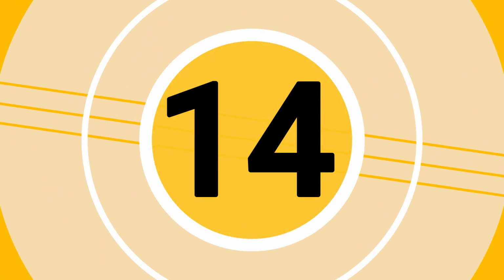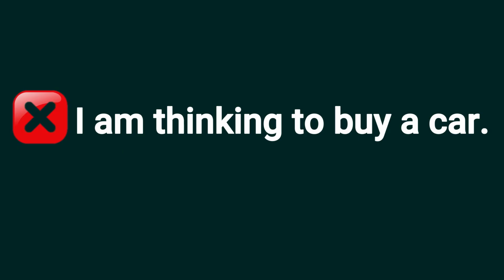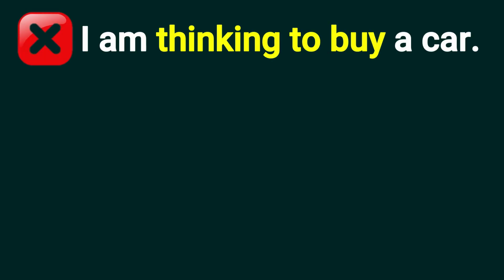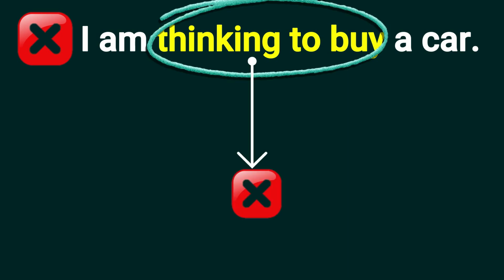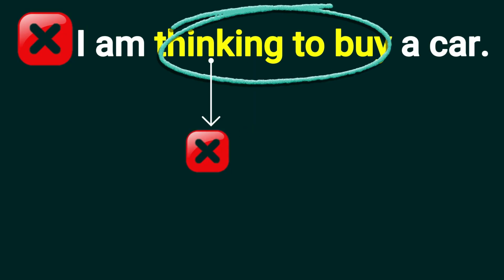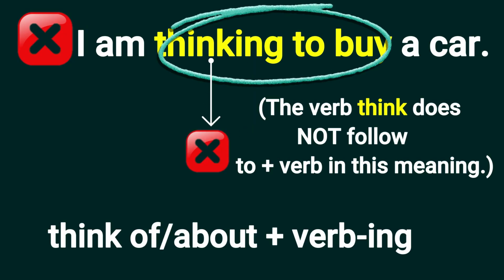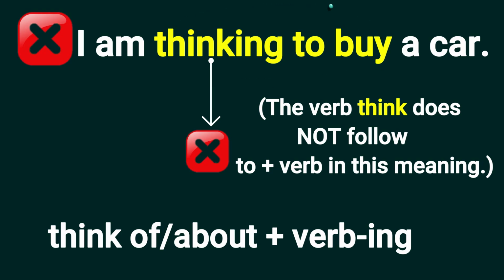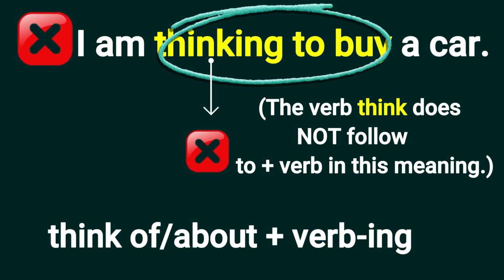Mistake number 14. I am thinking to buy a car. Let's find out the mistake. Here in this sentence, thinking to buy is wrong. So let's understand the reason. The reason is the verb think does not follow to plus verb in this meaning.